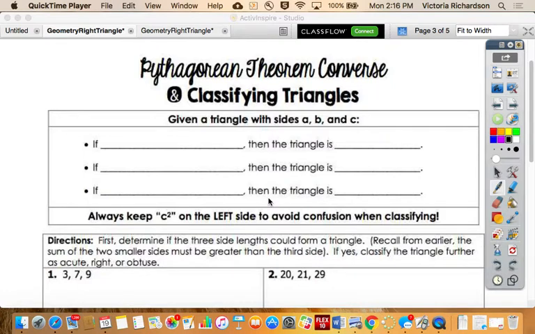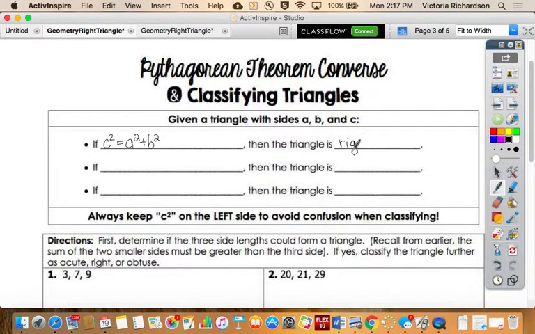So if c squared is equal to a squared plus b squared, then my triangle is right. If c squared is less than a squared plus b squared, then my triangle is acute.